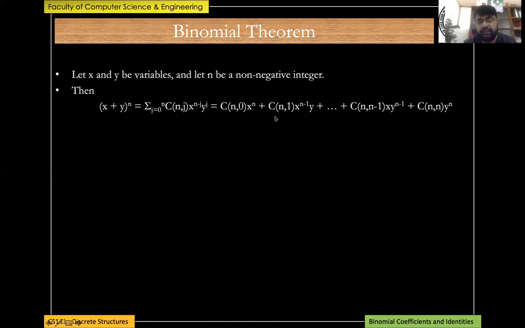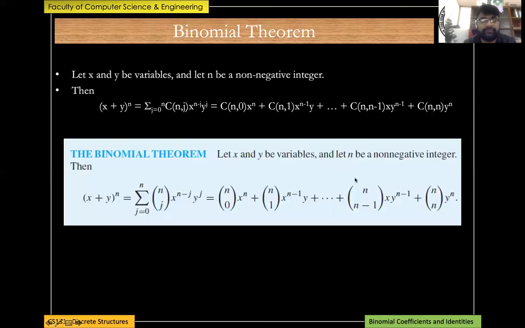So this is 1, this is also 1, and in between you have some values depending on n and j. If you expand this, it becomes C(n,0) x^n plus C(n,1) x^(n-1) y plus so on until C(n,n-1) x y^(n-1) plus C(n,n) y^n.